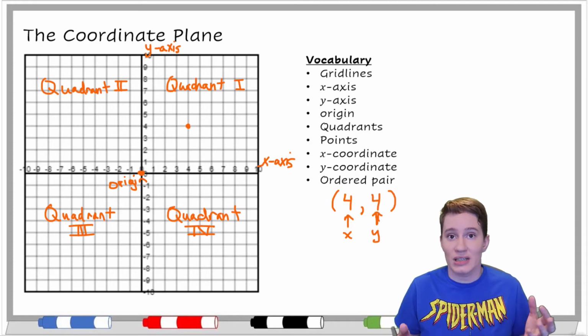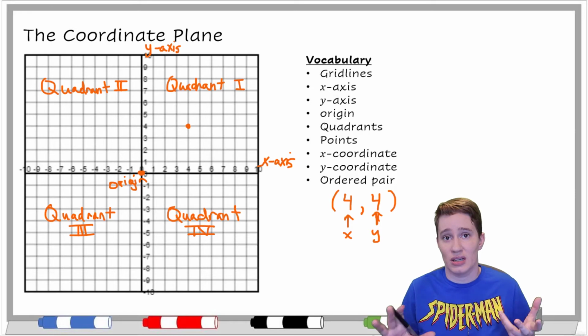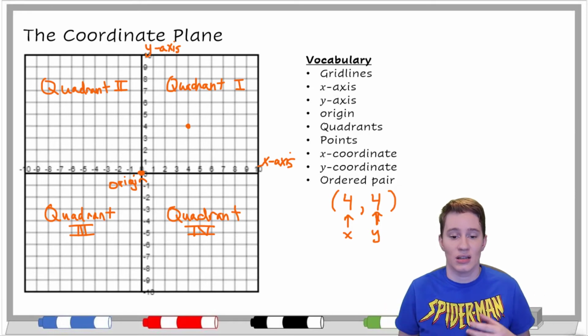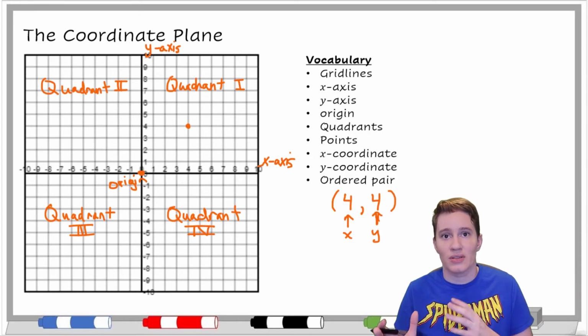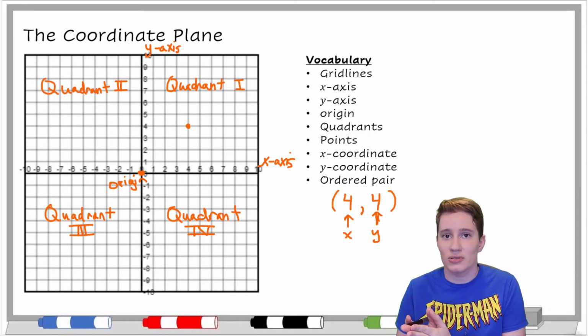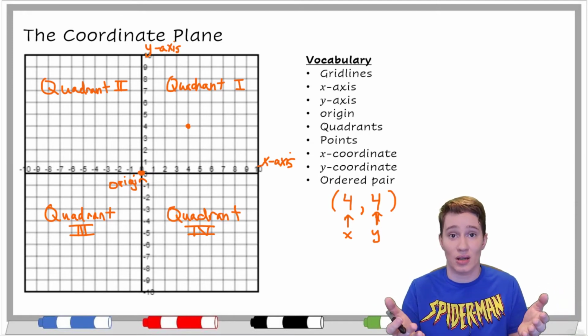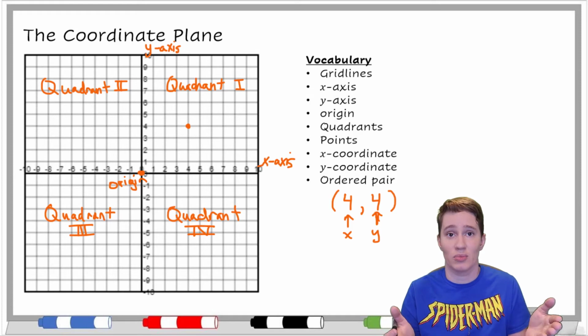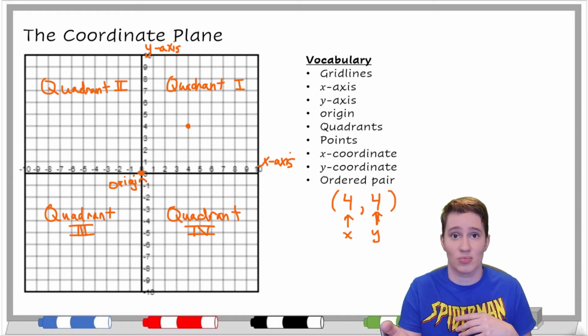And when we first encounter this, it can totally be something that is confusing, that takes some effort to remember. But once we have dealt with this for a while, there will be a point, hopefully not too far down the road, where when you see something in parentheses like this separated by a comma and you have two numbers, you'll be like, okay, I know what that is. That's a point.